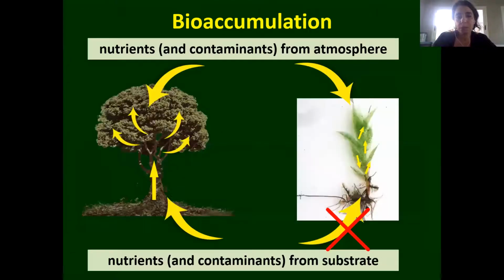But the most important characteristic is that mosses can accumulate substances, so also contaminants from the environment, without using the roots, but using only the green parts of the tissues. So any type of nutrients and contaminants that derive from the atmosphere can be accumulated by moss tissues.